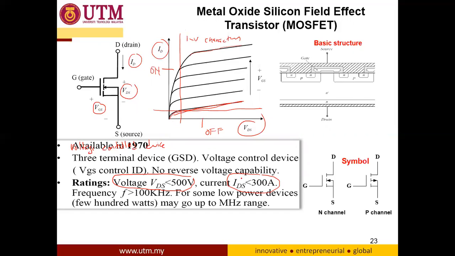But the advantage of this MOSFET is that it can operate at frequencies up to 100 kilohertz. So this is the only device that can be switched at very high switching frequency.